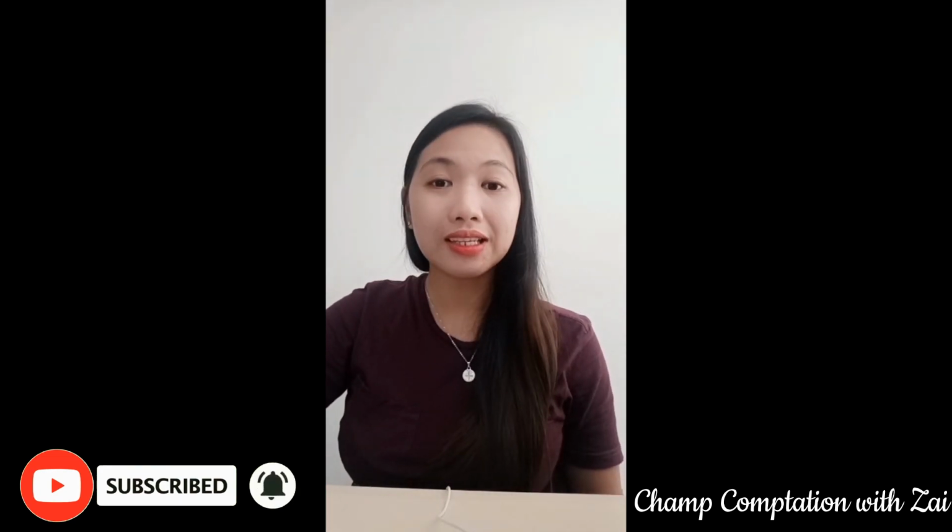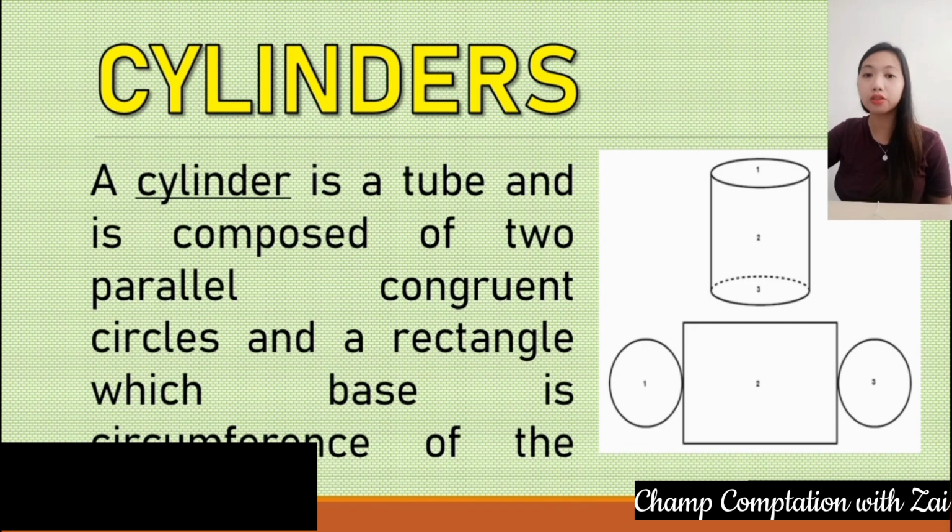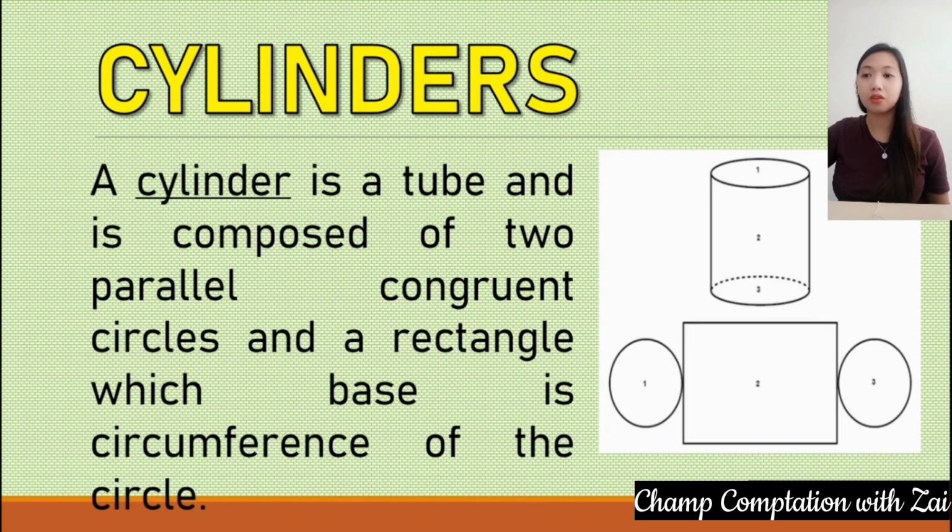Let's move on to another solid, the area and volume of cylinders. What is a cylinder? A cylinder is a tube composed of two parallel congruent circles and a rectangle whose base is the circumference of the circle.